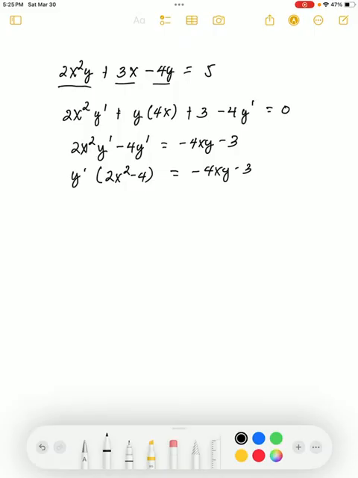And so, dividing both sides by 2x squared minus 4, my y prime will be equal to negative 4xy minus 3 all over 2x squared minus 4. So, this is then my y prime.